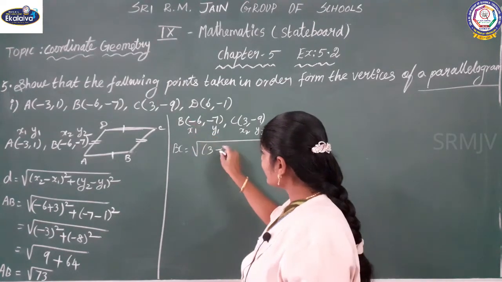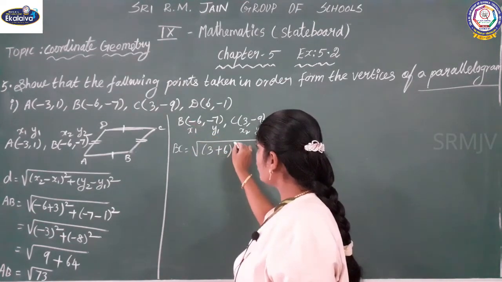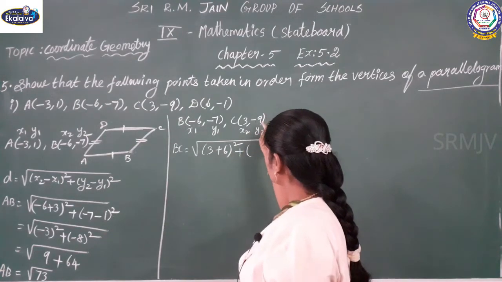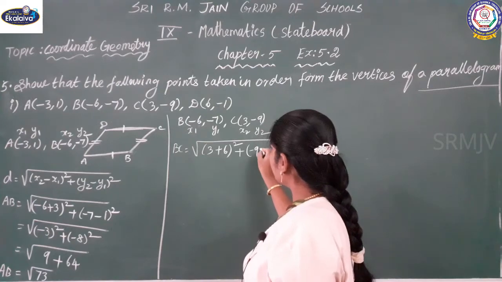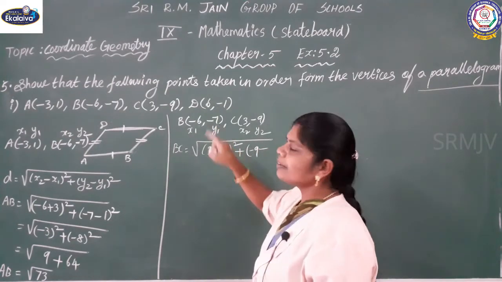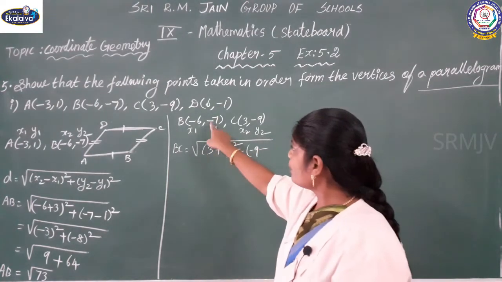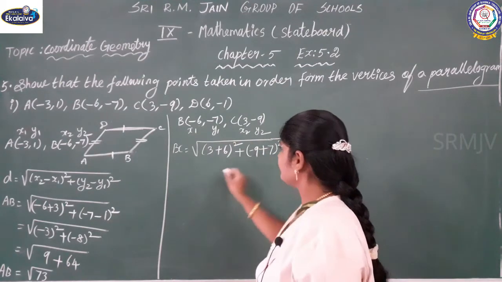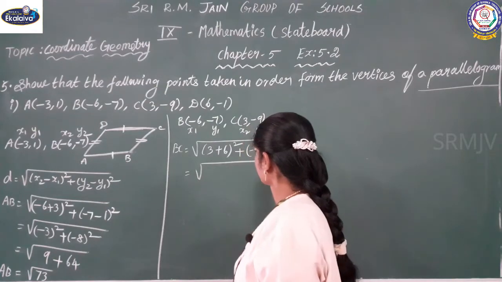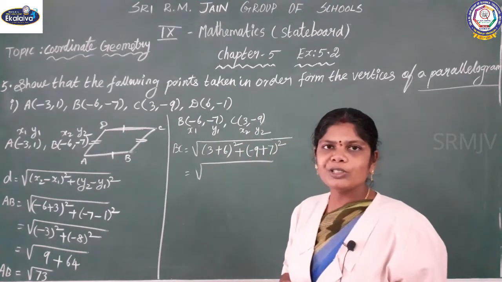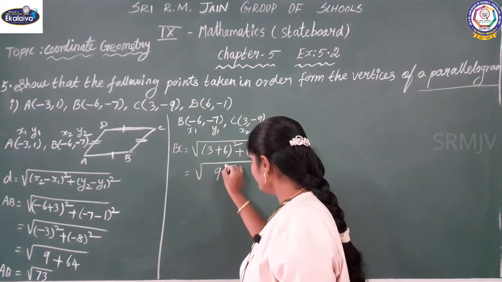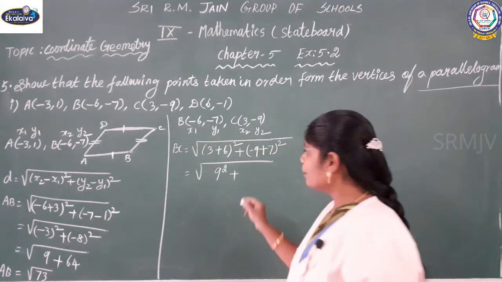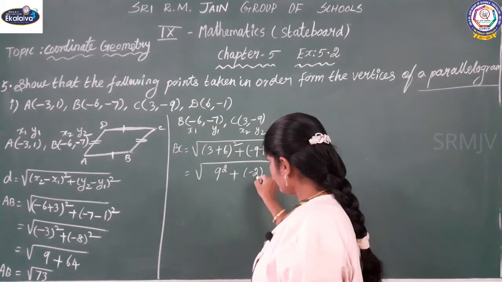So minus into minus plus 6 the whole square. Okay. Then plus y2 minus 9 and minus y1. y1 value minus 7. So minus into minus plus 7 the whole square. 3 plus 6 what you will get, children? 9. 9 square plus minus 9 plus 7 minus 2 the whole square.